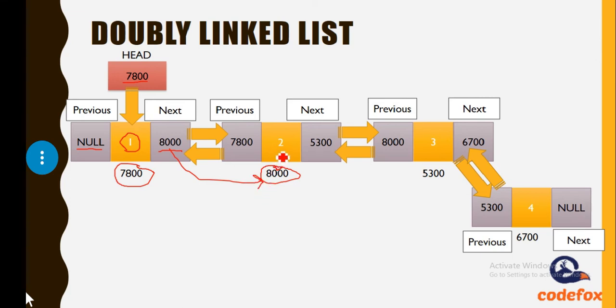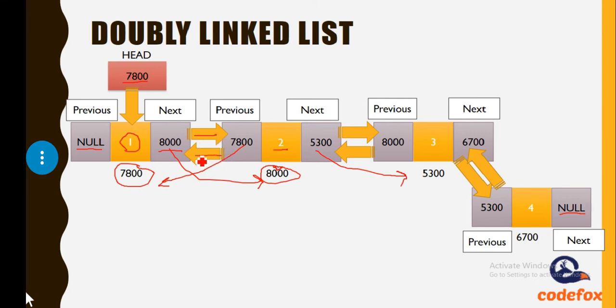Now in the case of second node, our previous node is the first node, so it is storing the address of first node, and its next part is obviously the third node. This goes on till end. At the end we don't have any node next to it, so we are using null here. You're observing two links between these.